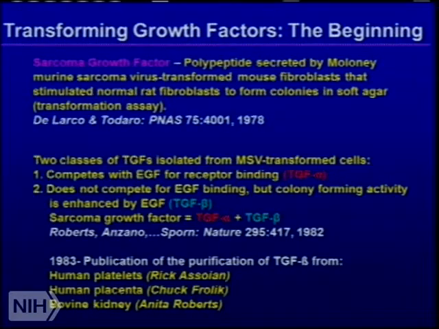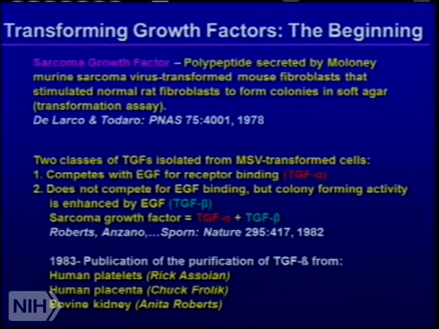And this class was called TGF-beta. So actually, sarcoma growth factor is composed of two separate growth factors that are genetically distinct, TGF-alpha and TGF-beta. And this was published by Roberts and Sporn in the early 80s.